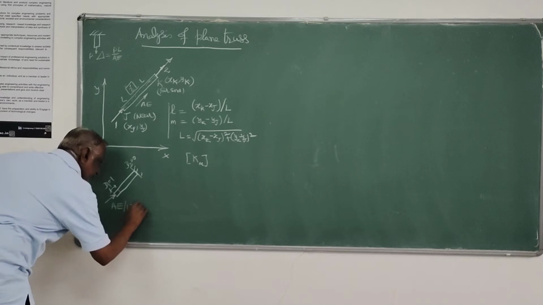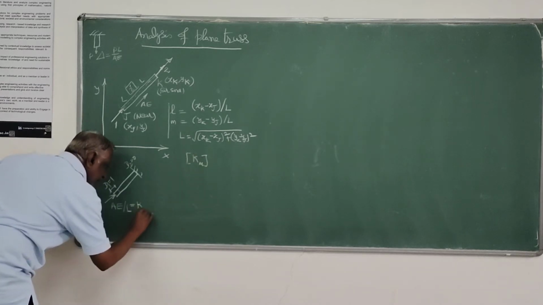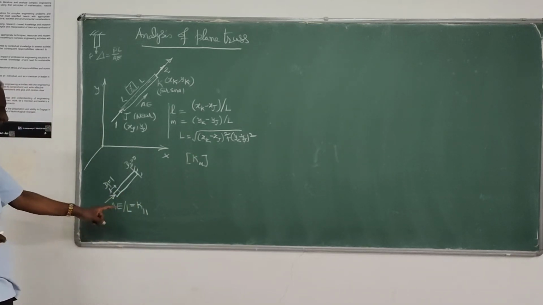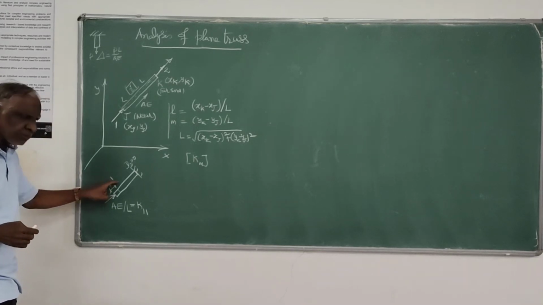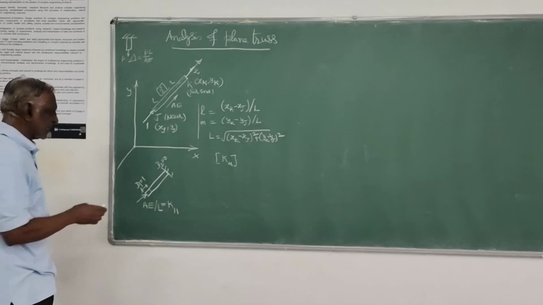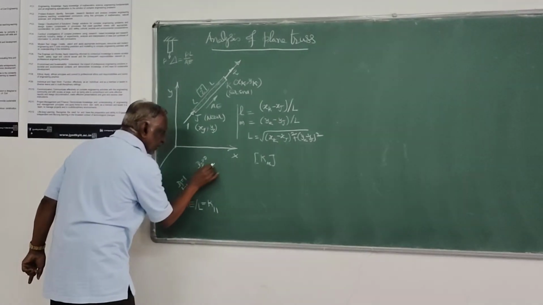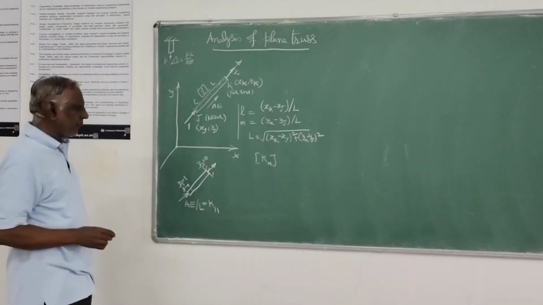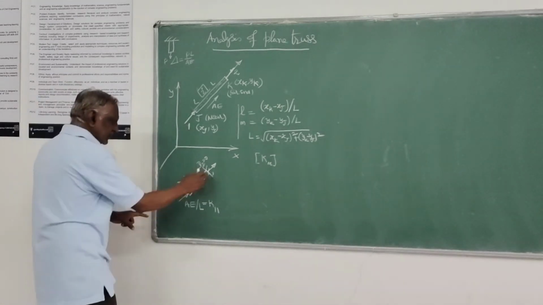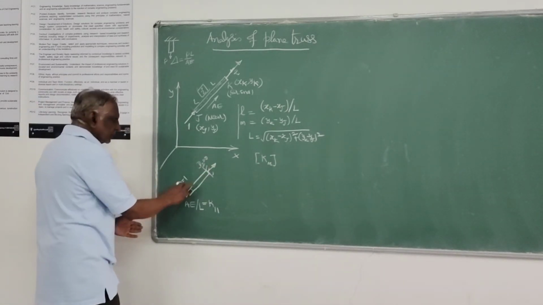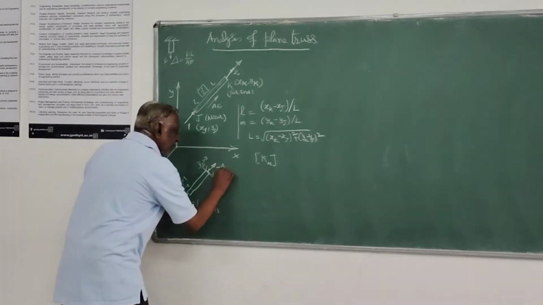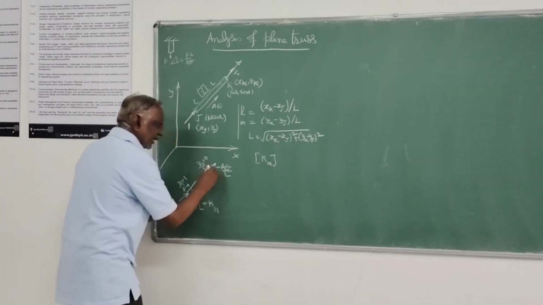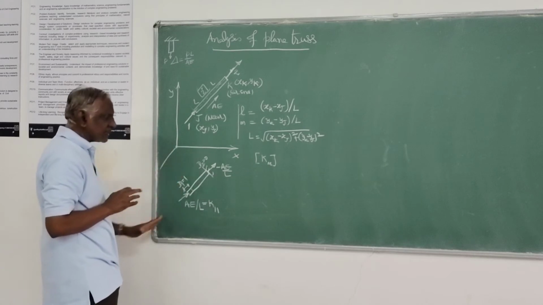We can call it K11 because this is the force in the direction of 1 when unit displacement is given at 1 itself. Since it is fixed at the other end, this should be in equilibrium. This force should be equal and opposite to it, so this will be minus AE by L. Then only it is in equilibrium axially.